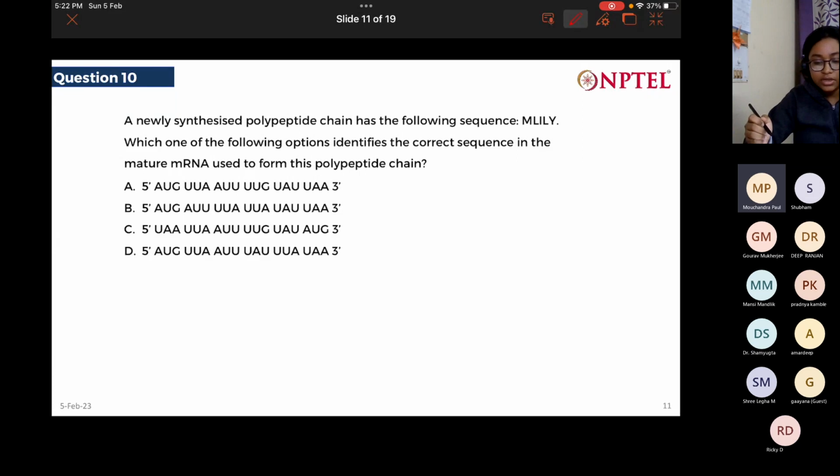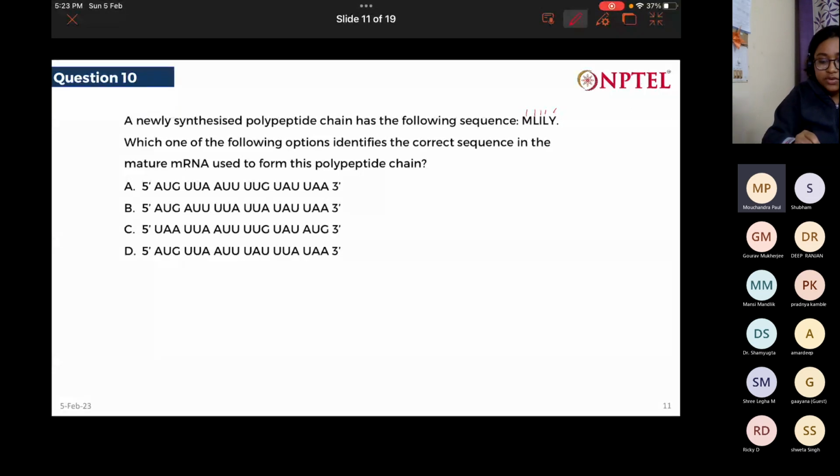Meanwhile, I'll also try. A newly synthesized polypeptide chain has the following sequence. This is the 1-letter code for the amino acids. M stands for methionine, L is for leucine, I is for isoleucine, and Y is for tyrosine. You have to look up the codons of each of these amino acids.